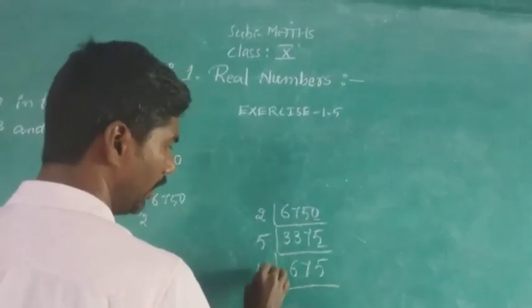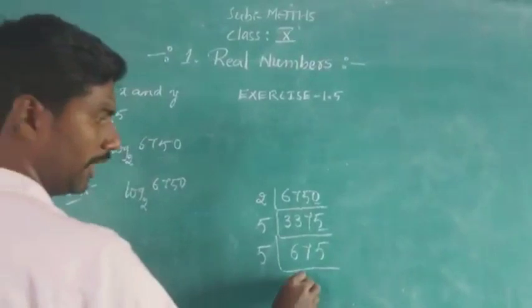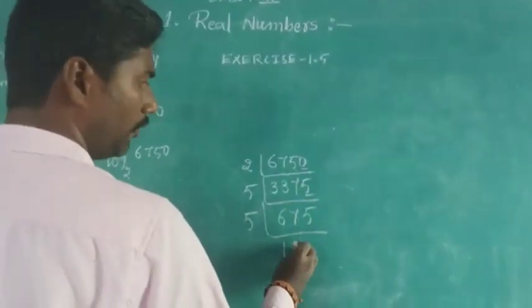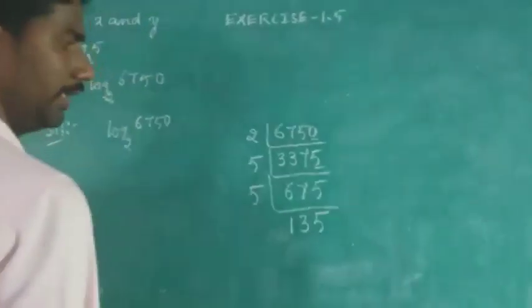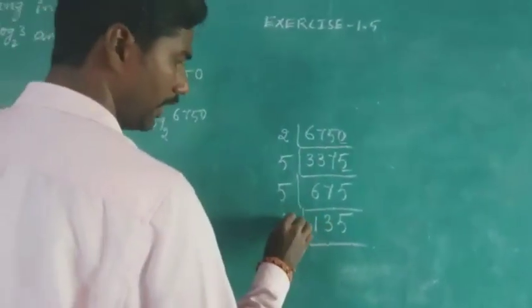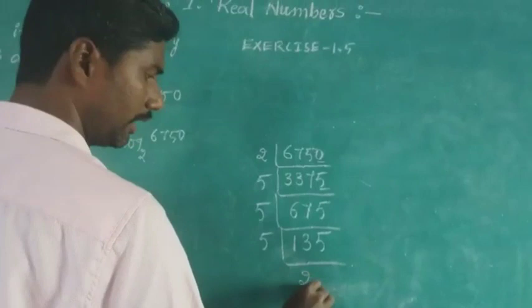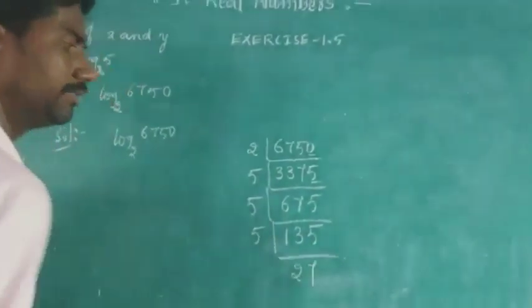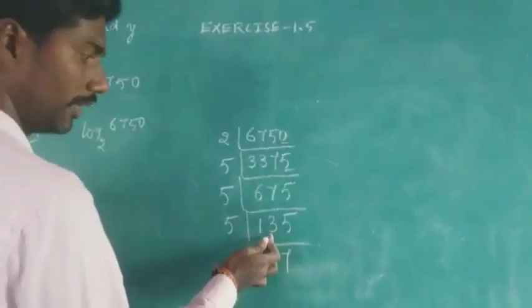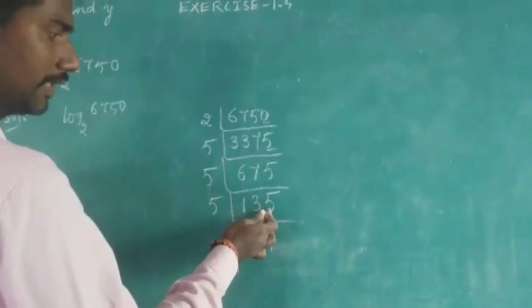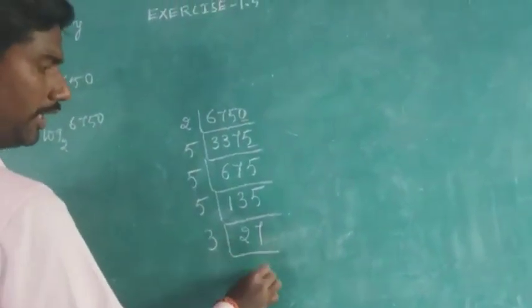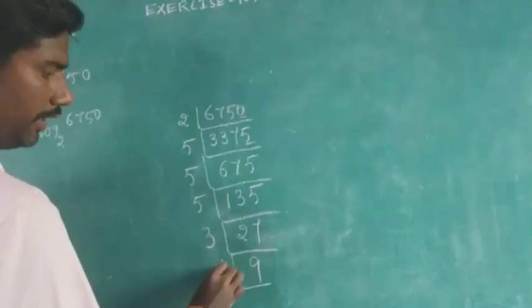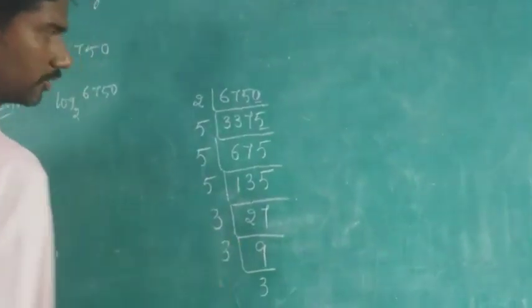Let's take 5 table again. 5 1s are 5 carry. 5 3s are 15. 5 5s are 25. The next take 5 table. 5 2s are 10. 5 7s are 35. The next 3 table. 3 9s are 27. 3 3s are 9.